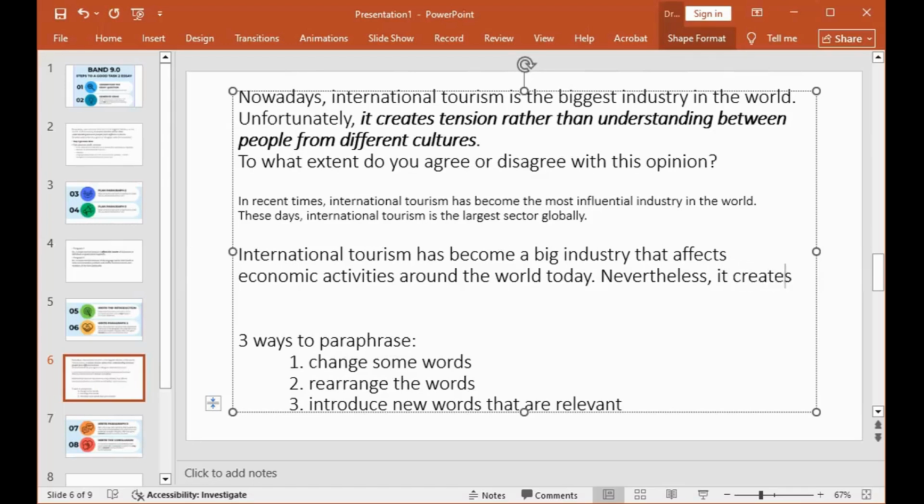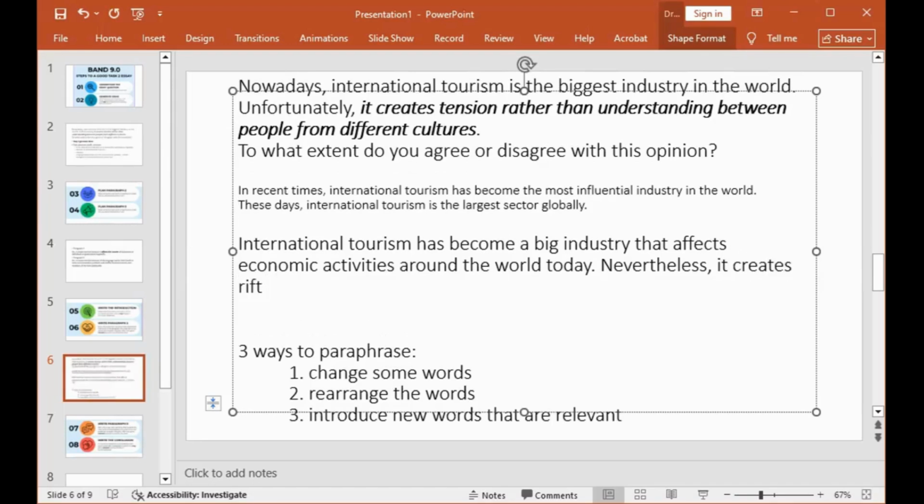It creates rifts between two different countries rather than understanding. Understanding. Okay, very good. That's a good one. Let's do some corrections, some adjustments. International tourism has become a big industry that affects economic activities around the world today.